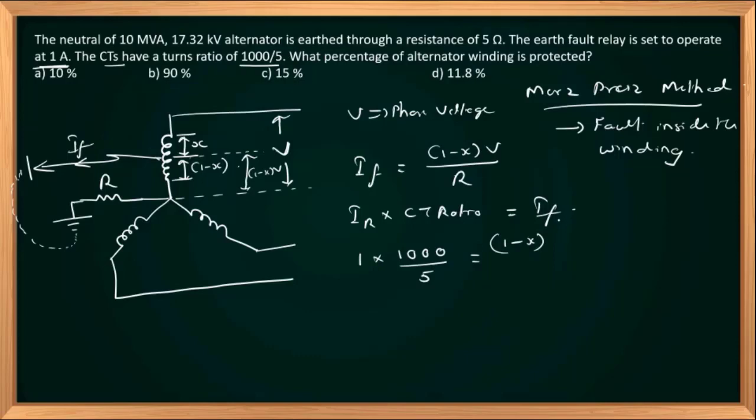into V. In the problem, it is given that 17.32 is the voltage. Since it is a three-phase alternator and the voltage is given, it has not been mentioned whether it is line voltage or phase voltage. ഏതാണെന്ന് പറഞ്ഞിട്ടില്ല.